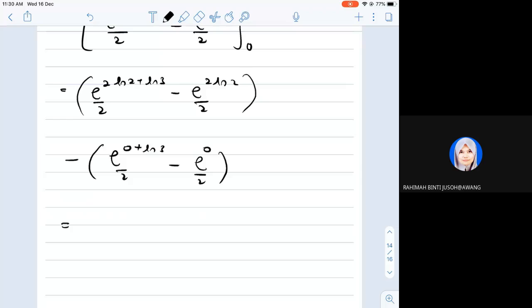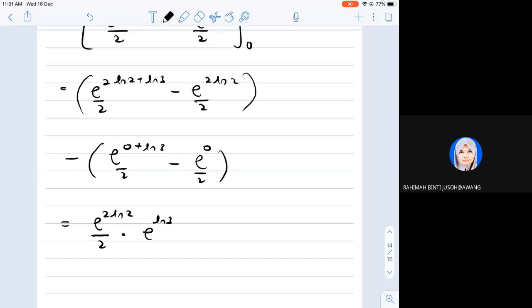Okay, so we will have exponent 2 ln 2 over 2 multiplied by exponent ln 3 over 2. Then minus exponent 2 ln 2 over 2.